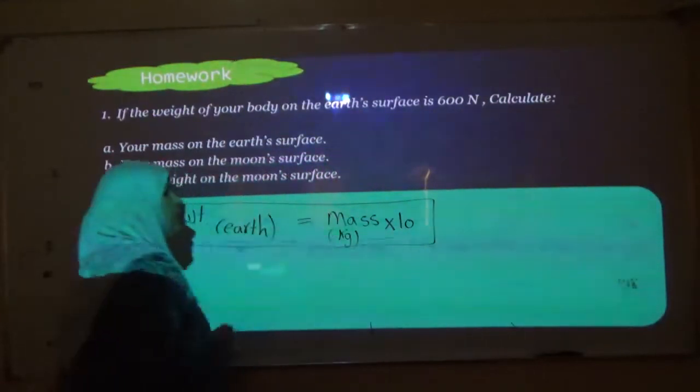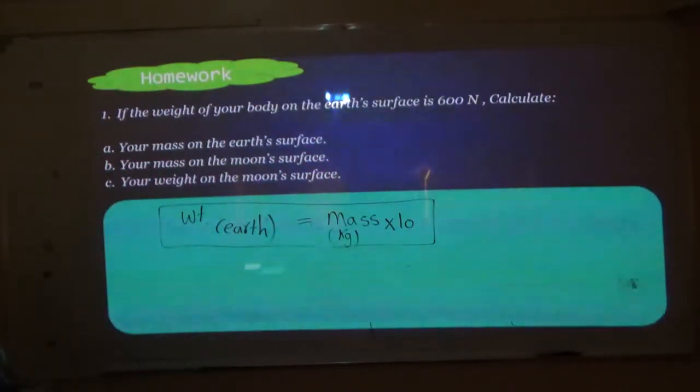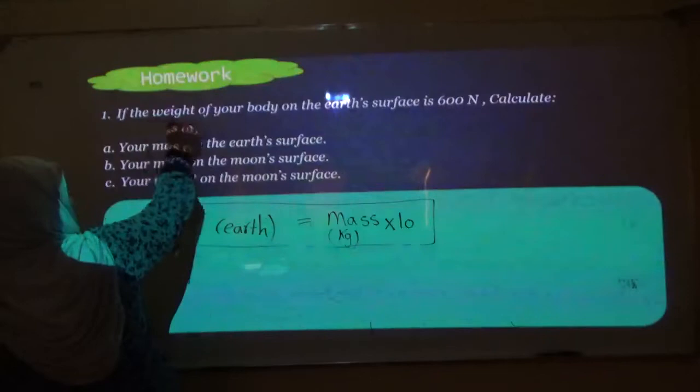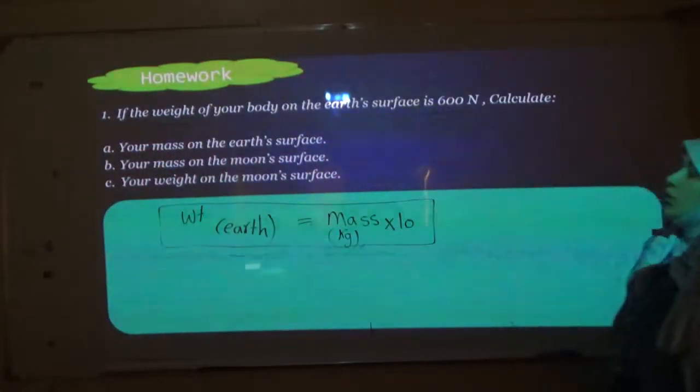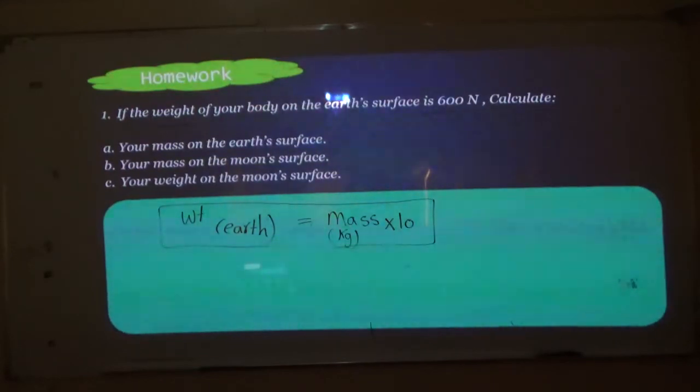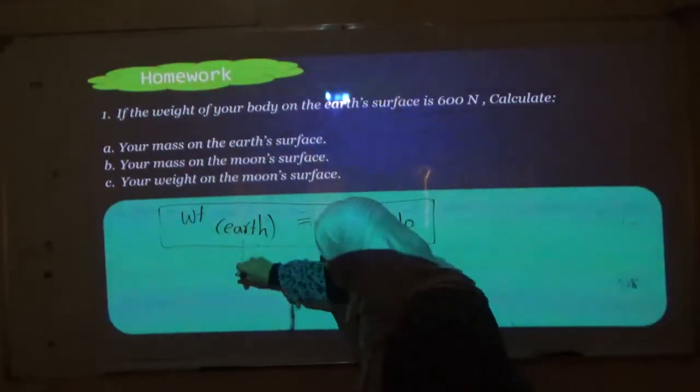Here we have the weight on the Earth's surface, which is 600 Newton. We have the value of the weight.